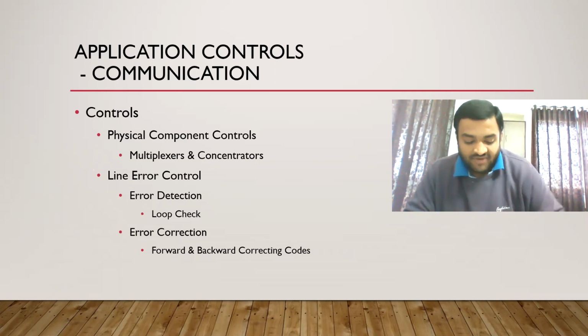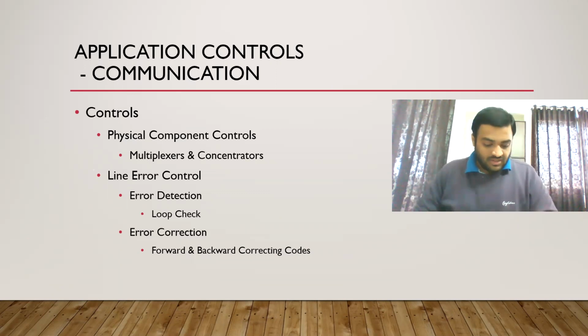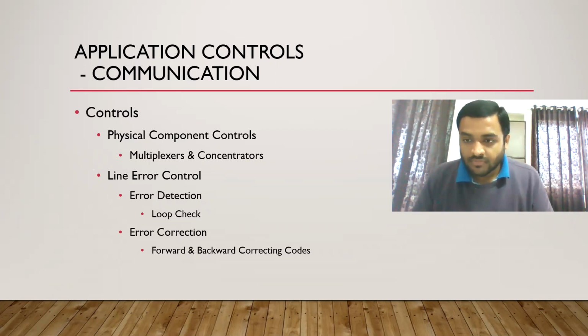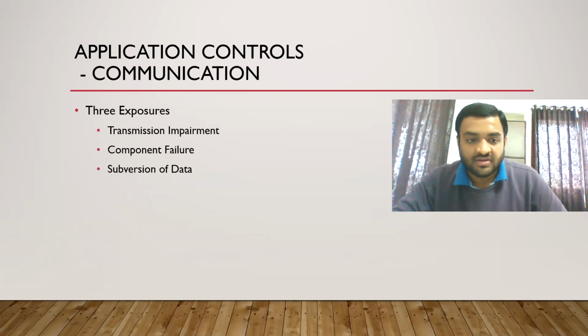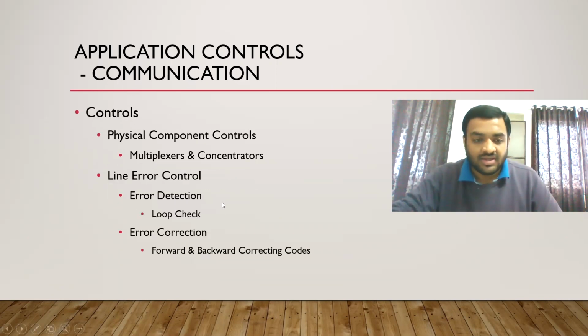Yes, have I answered your question now? Yes, sir. Okay, so what is the exposure that we have? The exposure that we have is transmission impairment. For that, we have line error control.